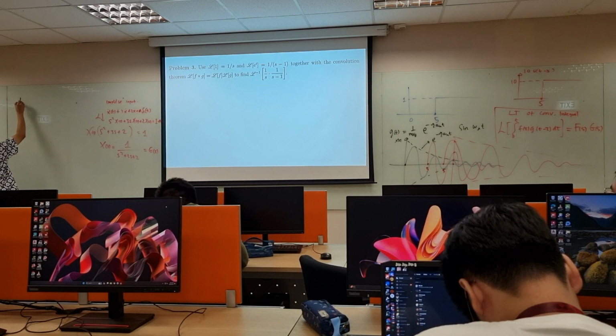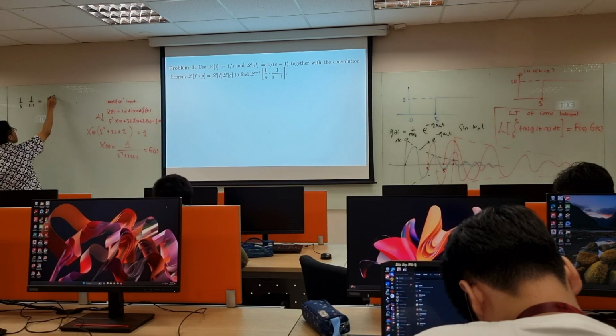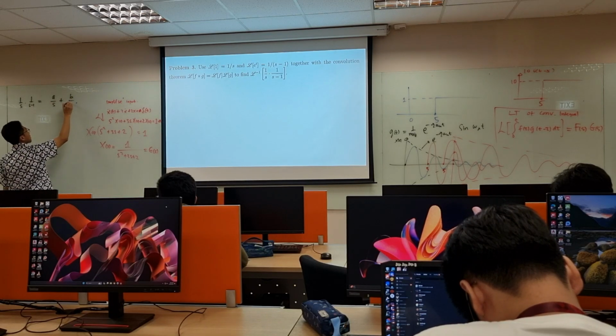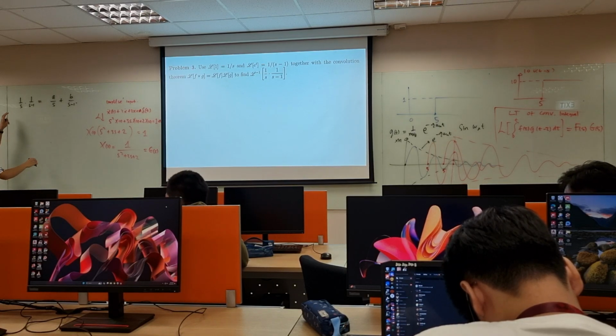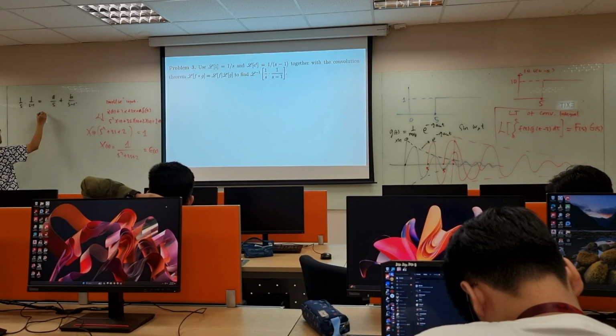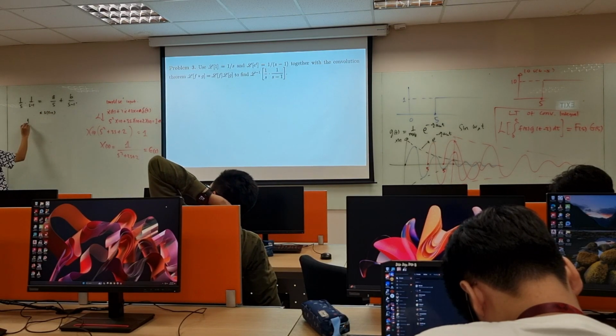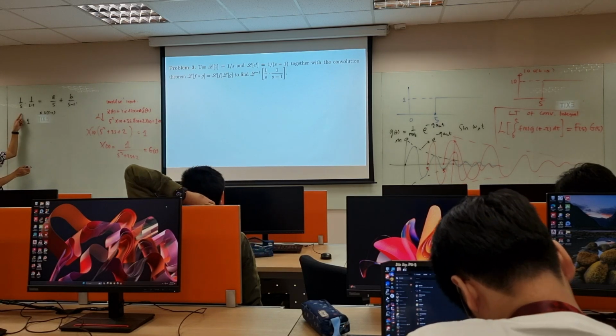You have to find the coefficients first. You expand into two terms, A over s, plus B over s minus 1. Then multiply left and right by s times (s minus 1), so the left hand side becomes 1.